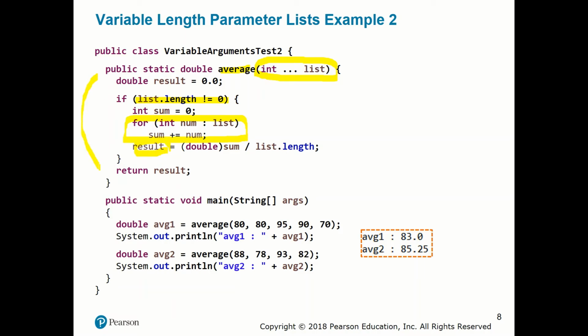So this is finding the average of the list, and in the main method, main calls the average method twice. First, average is called by passing 5 values, and next average is called by passing 4 values. See, so we have seen that the same method is called with a different number of parameters using just one method, average.